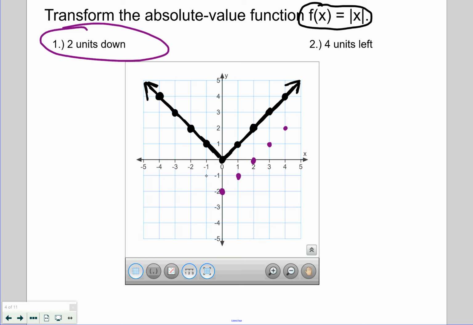Every point gets moved 2 units down. Now you might be wondering, Mr. Frederick, how are you doing that so fast? There's a way I'm going to show you later on in this class that's much more simple than this.